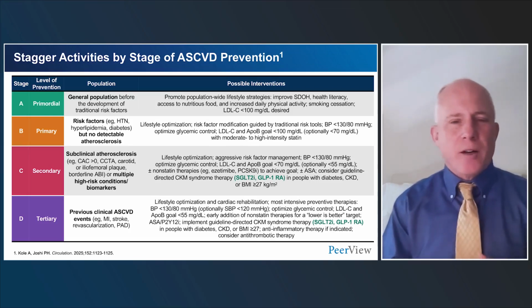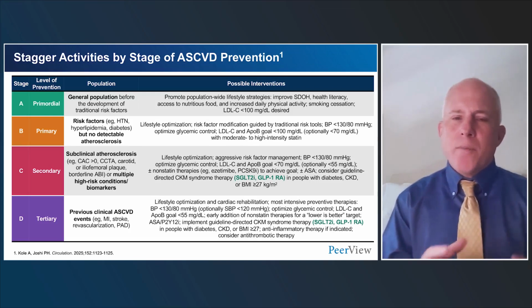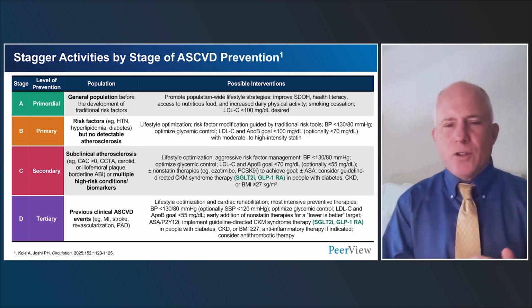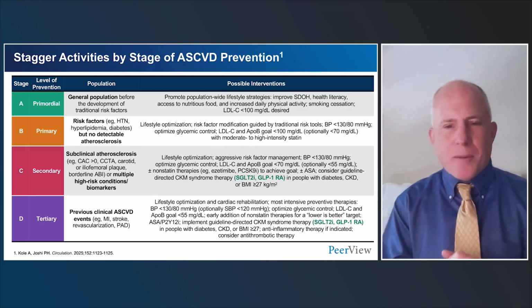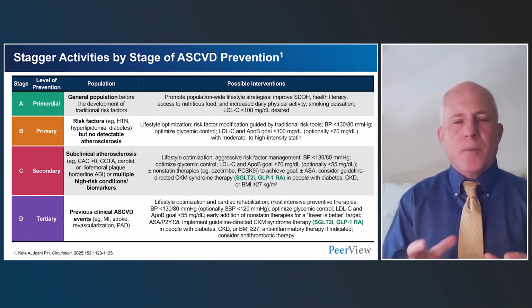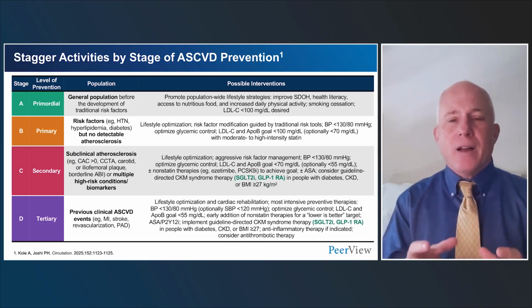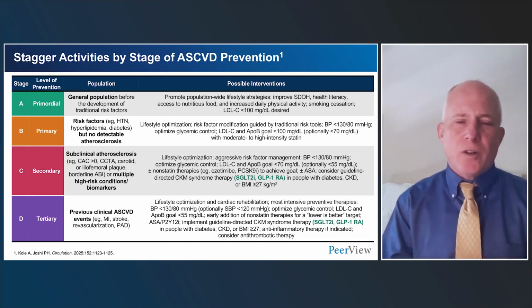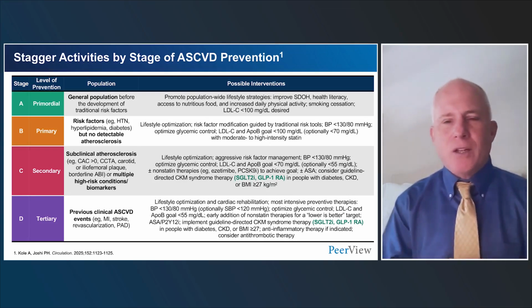As we move to secondary prevention, we're still doing all the things that we mentioned above, but we might now be doing targeted treatments, such as using SGLT2 inhibitors or GLP-1 receptor agonists, and actually having maybe even a more aggressive target, trying to get that blood pressure a little bit lower, optimizing the LDL cholesterol. Maybe we're actually even looking at additional therapies. For those patients that need tertiary prevention, they have established disease and even some of those complications.